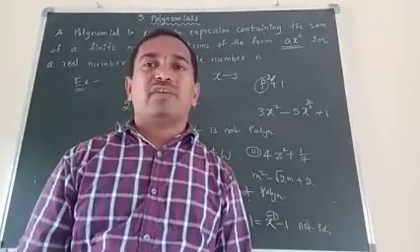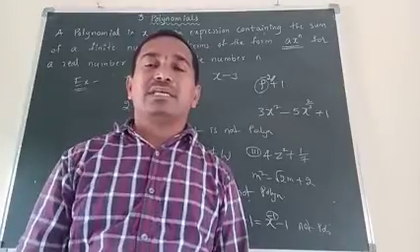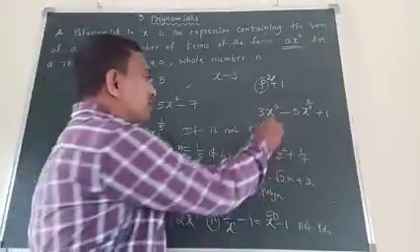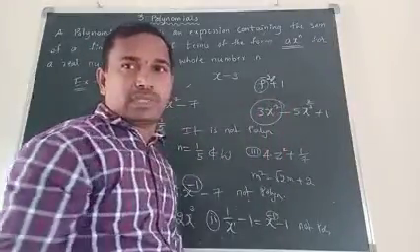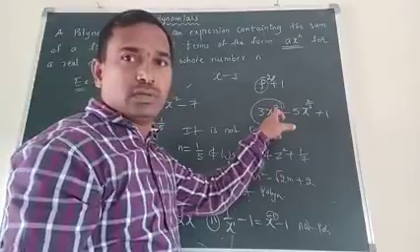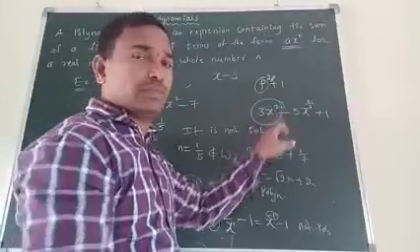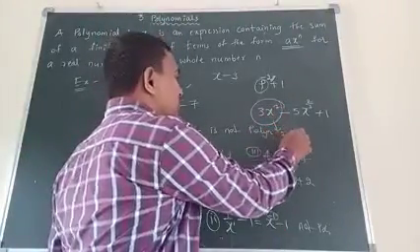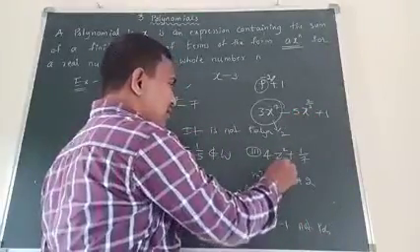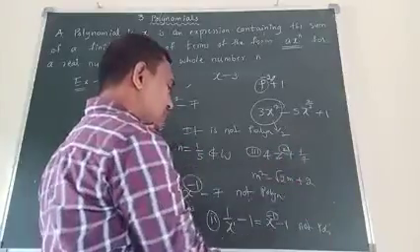Before going to the degree of a polynomial, we already discussed the degree of terms. So see here, 3x square, it is a term. What is the degree of this term? Variable x power is 2. So the degree of this term is 2. What is the degree of this term? 2.